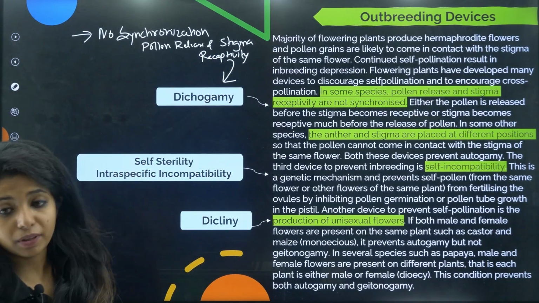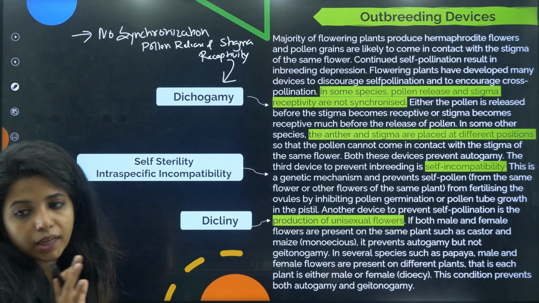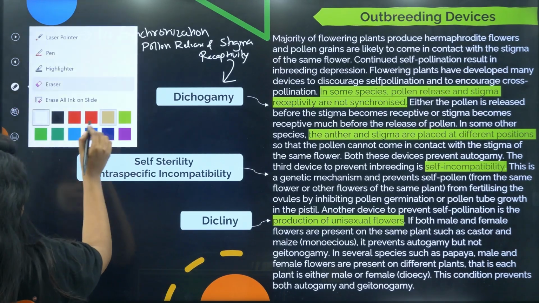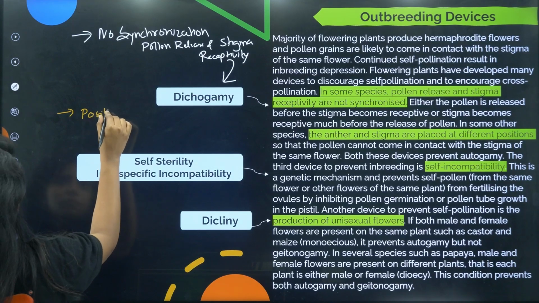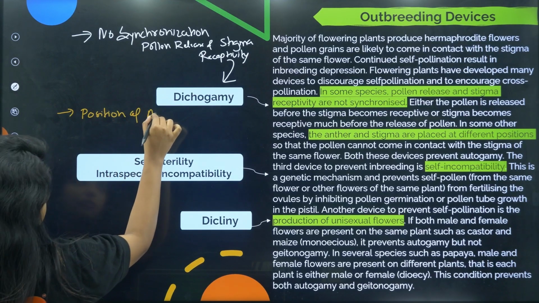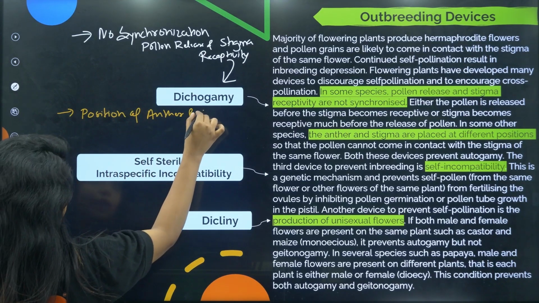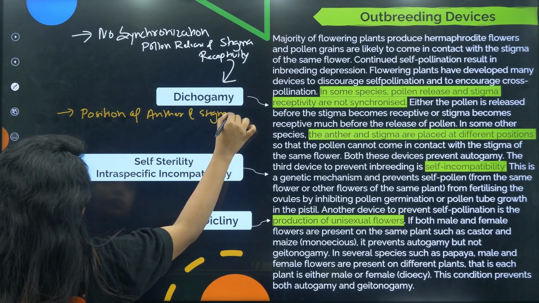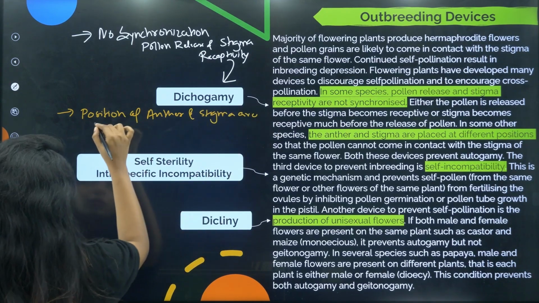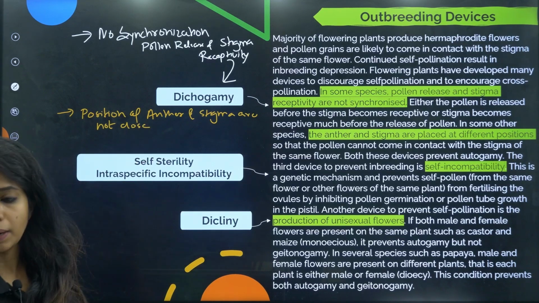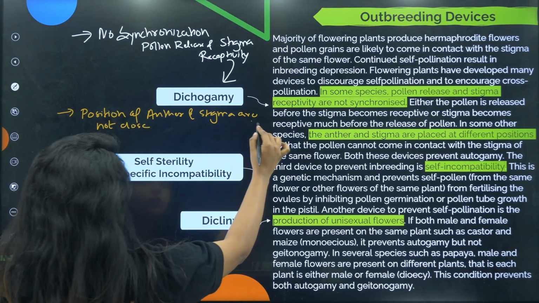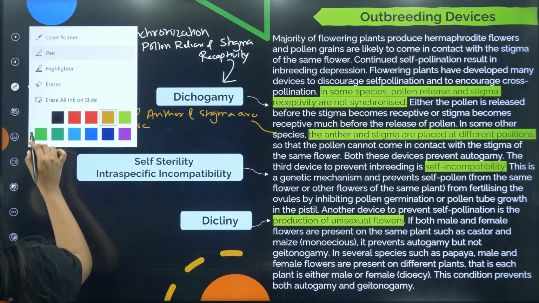These are important terms I want you to remember. Next thing, the position of anther and stigma are not close. In that case also you can prevent self pollination. That is what is written over here. This is the second point.